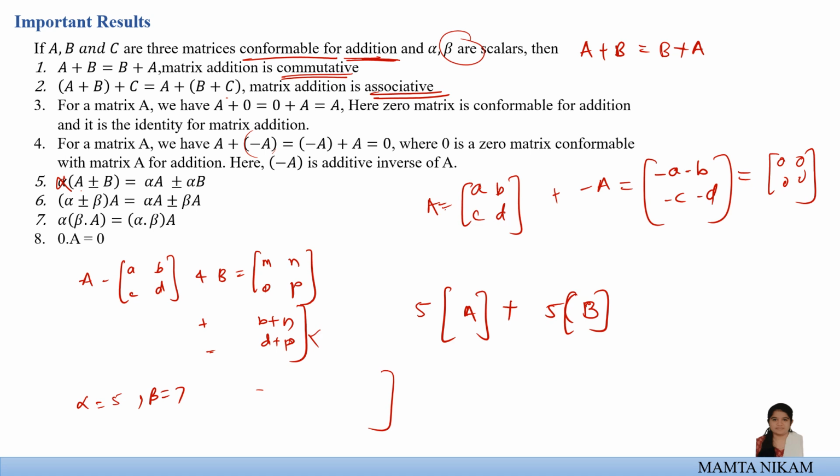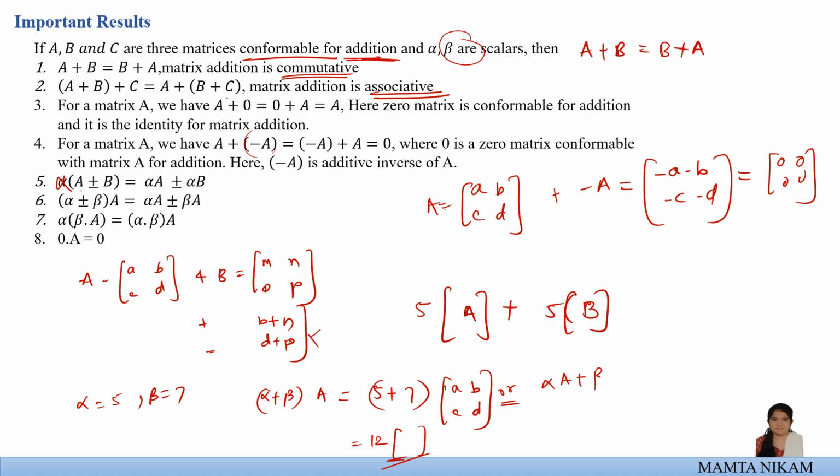So (alpha plus beta) into A will be (5 plus 7) into the matrix A, that is [A, B; C, D], and 5 plus 7 is 12. So 12 times this matrix A. You can also express it as alpha A plus beta A, that is 5 times matrix [A, B; C, D] plus 7 times matrix [A, B; C, D]. And if you individually add the corresponding elements, we get the same matrix as obtained here. Okay, such goes the property.